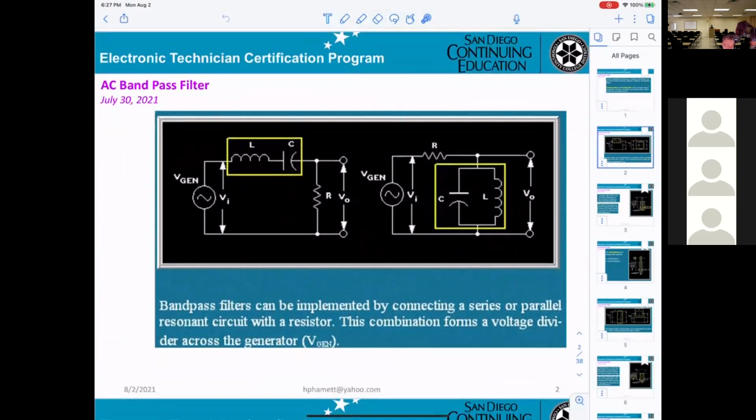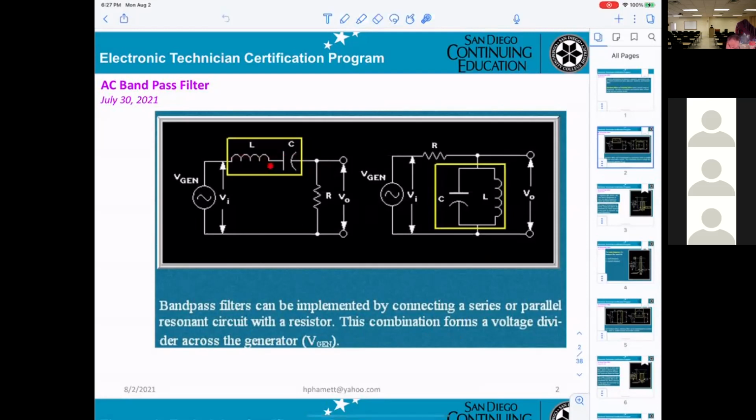Band pass filter can be implemented by connecting a series or parallel resonant circuit with the resistor. This combination forms a voltage divider across the generator. So there are two ways you can make a connection.